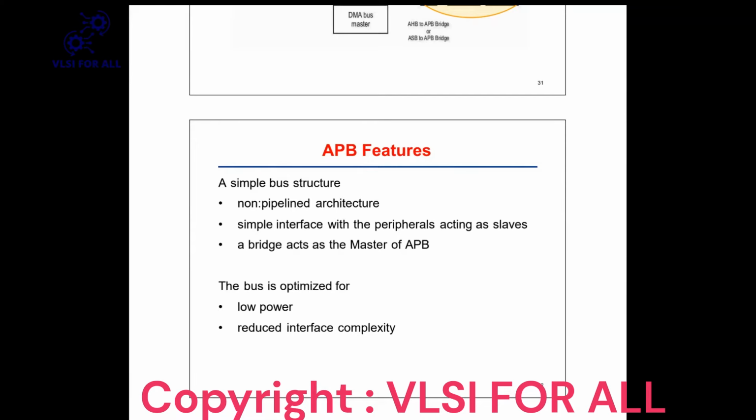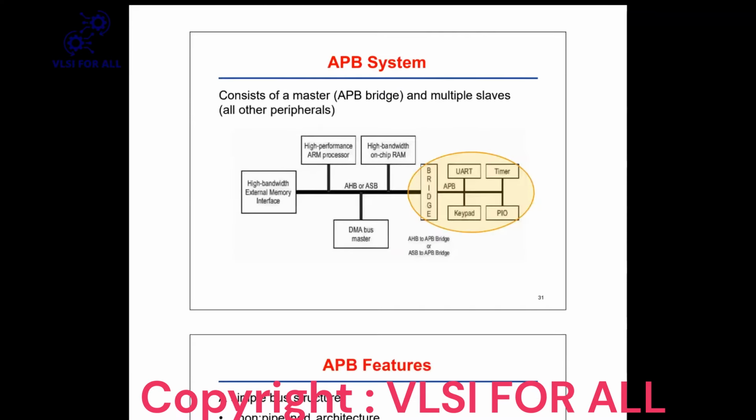From an optimization point of view, it requires very low power, and very few signals are there in APB. We will see those few signals in an upcoming slide. And this diagram we have already seen, about why we require the bridge.